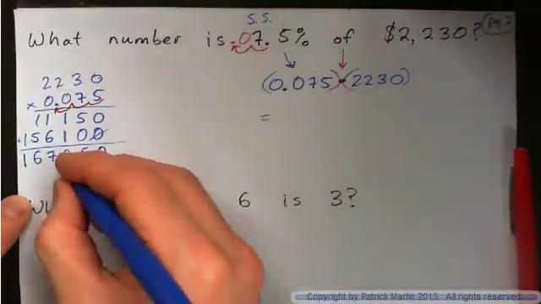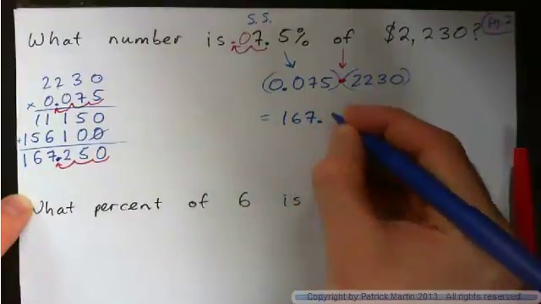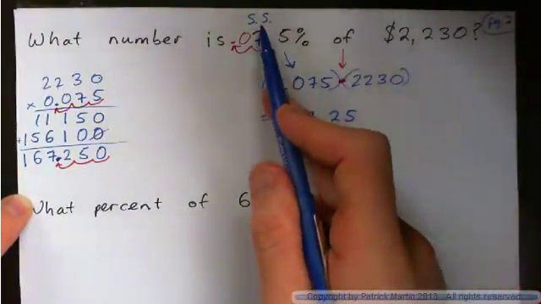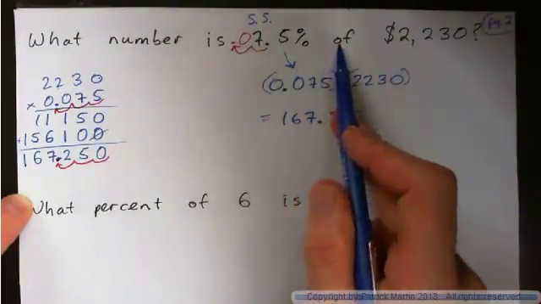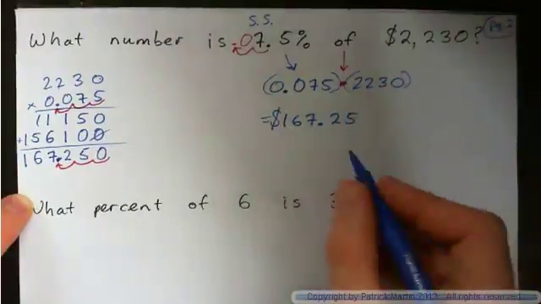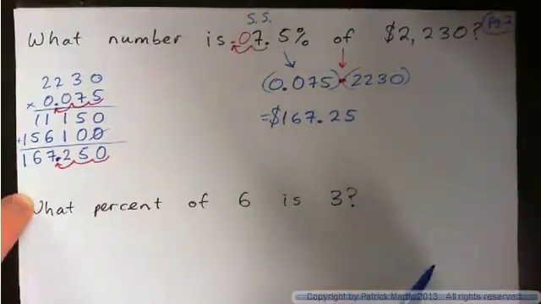So that is 167.25. So the Social Security tax of 7.5% on this monthly wage is $167.25.